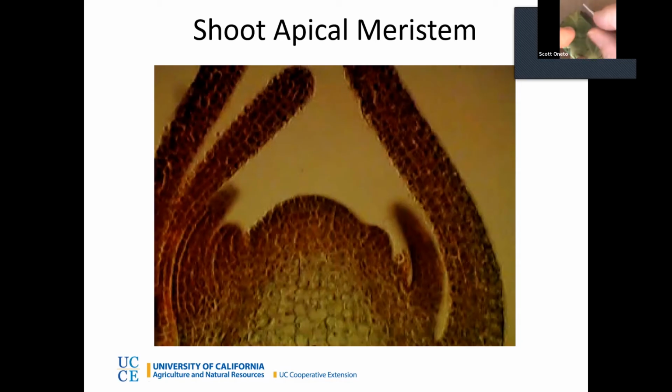And if I just cut this Brussels sprout in half, so right here is the dome where mitosis would be occurring. And then if you make your way down the dome, you can start seeing larger leaves that were formed.